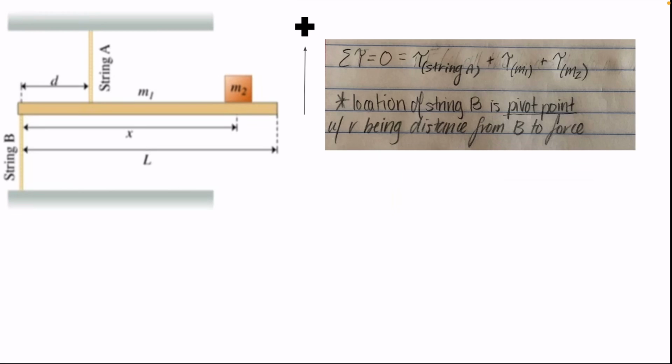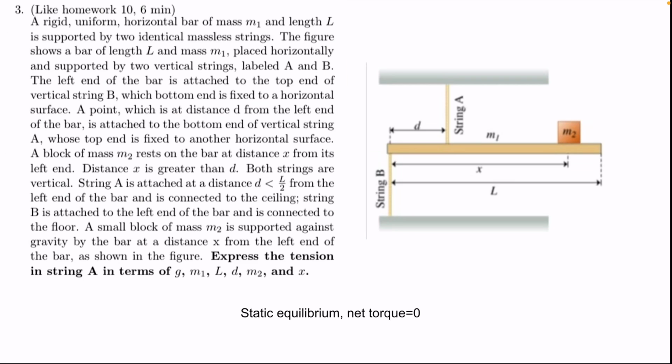So, as I said, since we know it's static equilibrium, we can set it equal to 0. Notably, since we're looking at torque, we have to pick a pivot point, and in this case, I used the pivot point as being where string B is located, just due to the fact that string B isn't one of our variables, as you can see at the bottom of the problem.